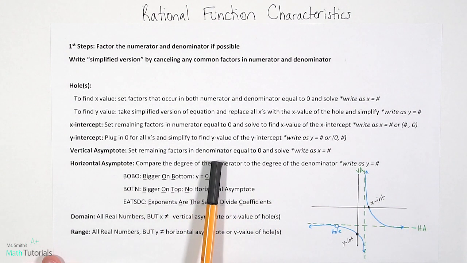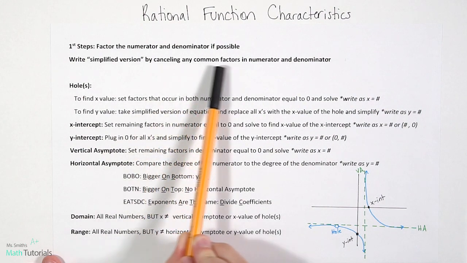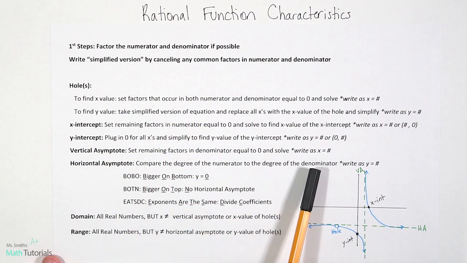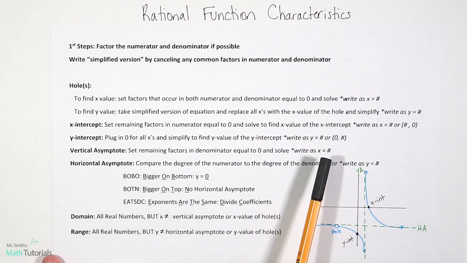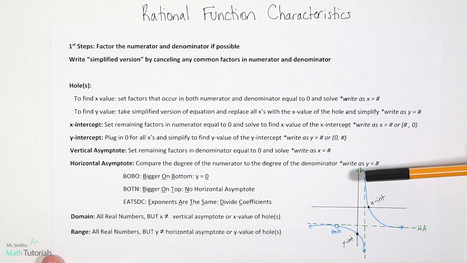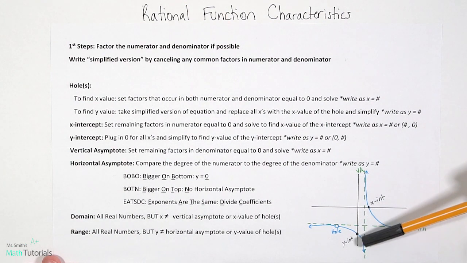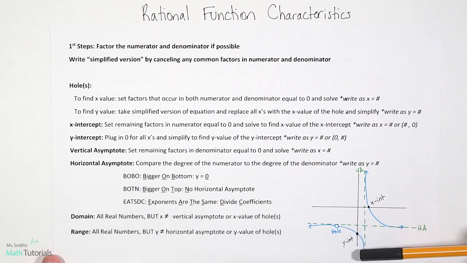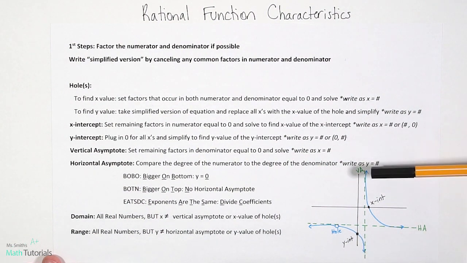So whatever's left in the denominator after we cancel out any common factors, we would just set it equal to 0 and solve. And then we would write it as x equals whatever we get. So it means that that blue line approaches the green but doesn't cross it. And this blue line approaches that green and it also doesn't cross it. So that's called a vertical asymptote.